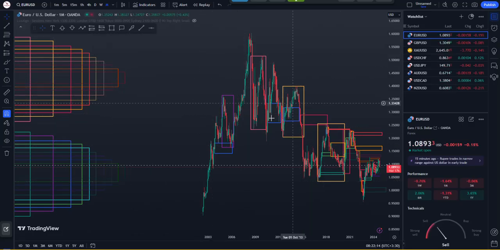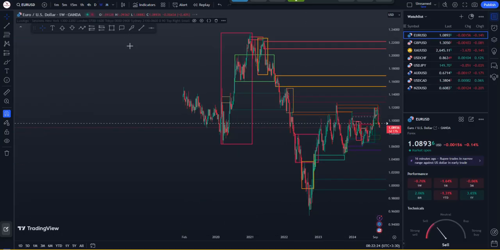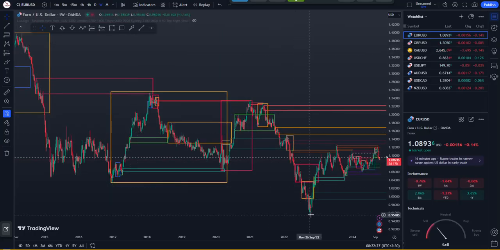Okay, we have this high in EUR/USD, and we know this low is an engulf, and this is going to make some FO2 going down.